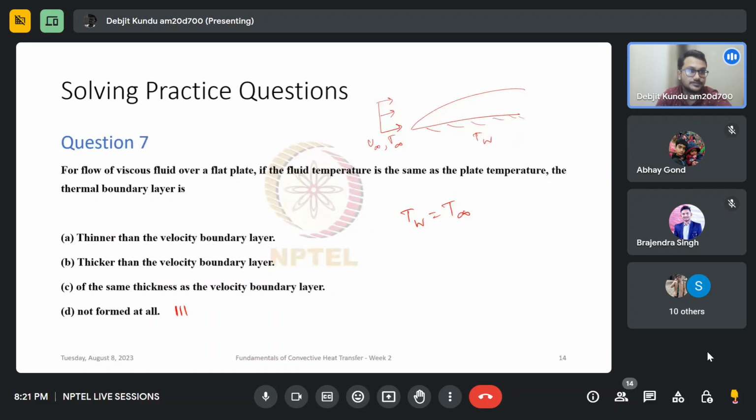Any other responses? It's a very simple question. We will have a look at the solution. Those who chose option D were correct. The thermal boundary layer is not formed at all.